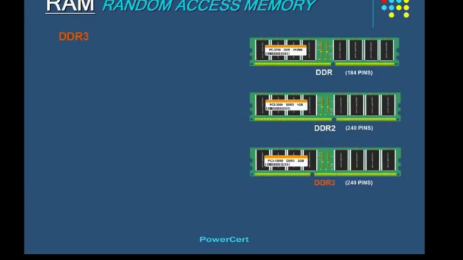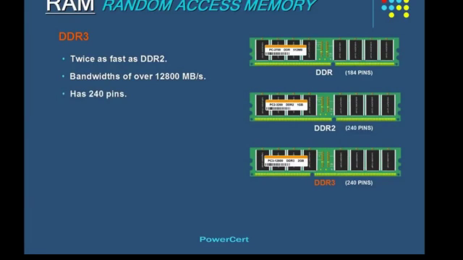And the latest RAM technology is called DDR3. DDR3 is twice as fast as DDR2, with a bandwidth of over 12,800 megabytes per second. Like DDR2, a DDR3 DIMM also has 240 pins, but the notches in the DIMMs are in different places.